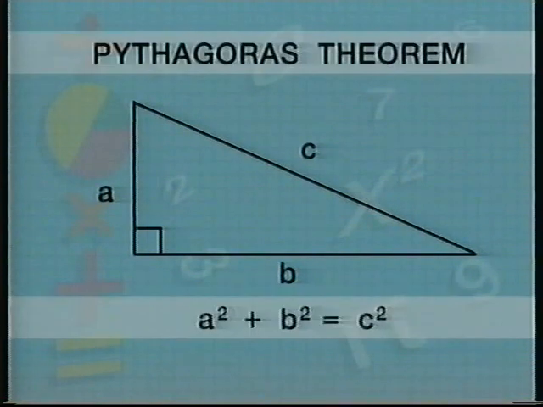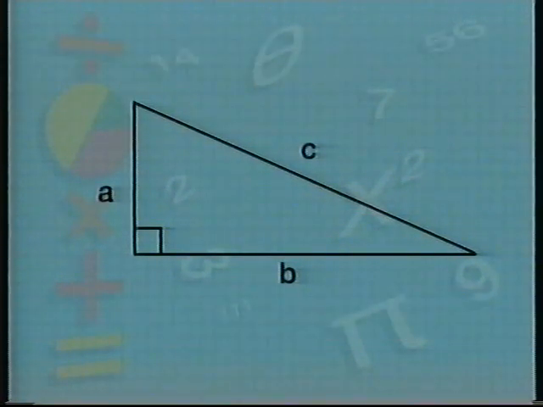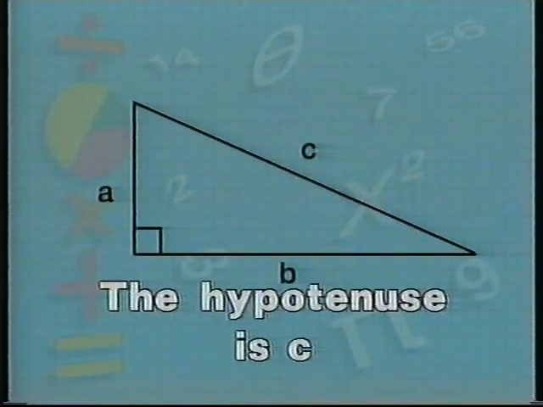The first is called Pythagoras' theorem, where the lengths a squared plus b squared equal c squared. Now, in any triangle with a right angle, the side opposite the right angle is called the hypotenuse. Here it's labelled as C, and it's always the longest side in the triangle. Here's a question.